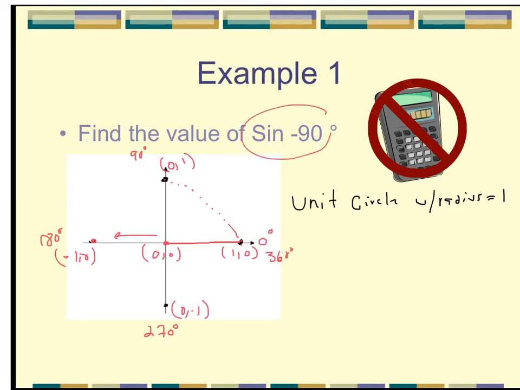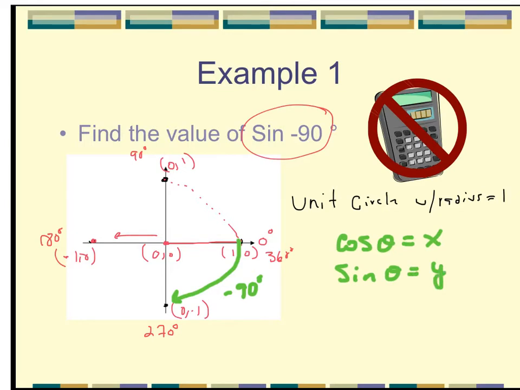So the question is asking, find sine of negative 90 degrees. I have to think about my rotation of negative 90 degrees, so the rotation is backwards, right? In the previous videos, we know that our cosine value of any angle in the unit circle is equal to the x value, and the sine of any angle is equal to the y value.